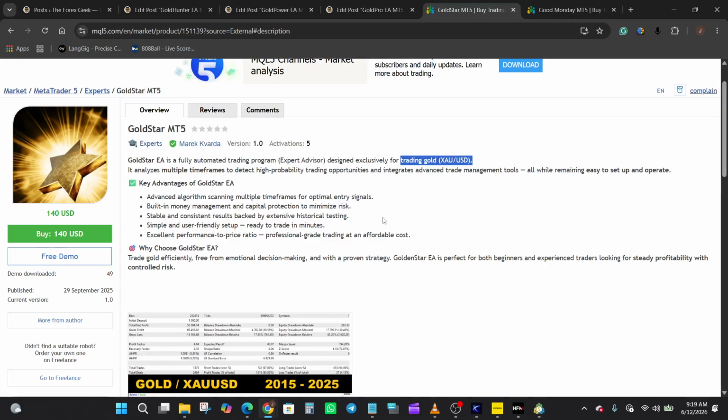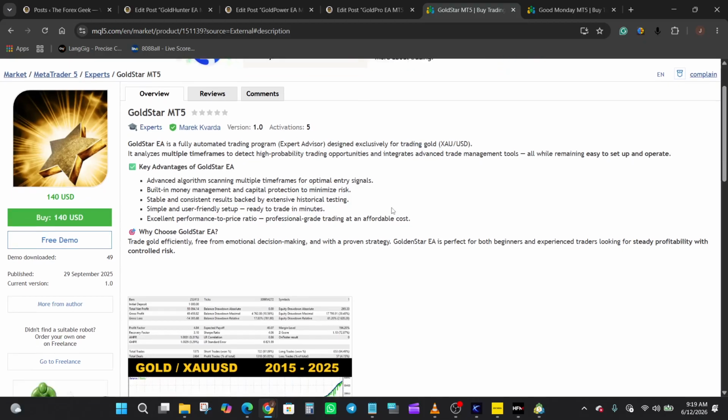Now, as I continue through the product page, one of the primary features highlighted by the developer is its multi-time frame analysis capability. Okay, so the EA is described as scanning multiple time frames in order to identify what it considers higher probability trading opportunities.